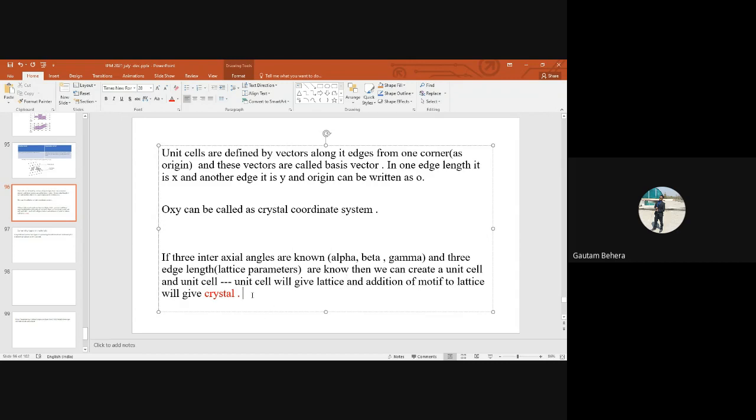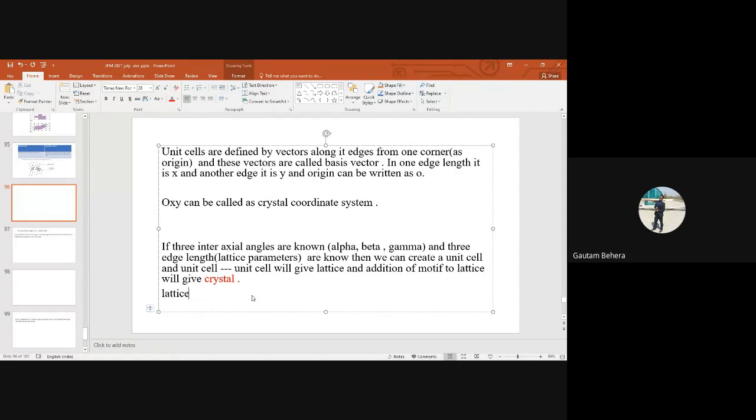So if you want to make a proper arrangement or proper order, starting from the smallest thing, how can you write it? I can write lattice parameter. Then after lattice parameter, what should I write? Unit cell, yes or no? It will give rise to a unit cell.